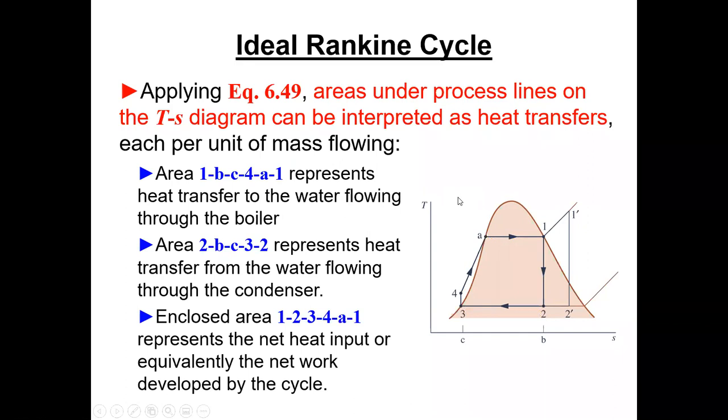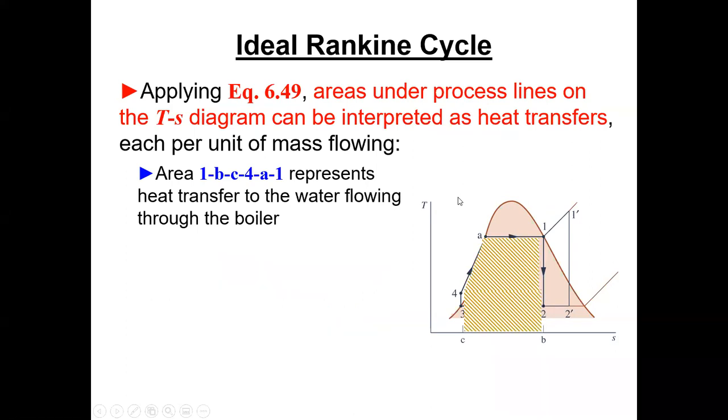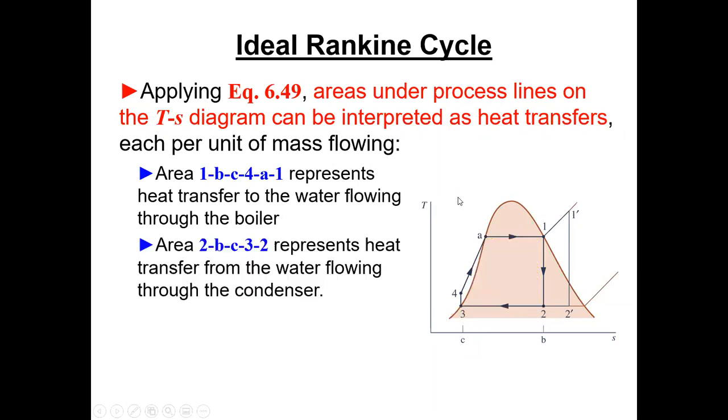The area enclosed by the cycle, 1-2-3-4-a-1, represents the net heat input, which we know for the cycle is equal to the net work developed by the cycle. And so that's the area enclosed by the cycle. So those are the area representations of heat transfer, again, for an ideal Rankine cycle. For a real cycle, that's not correct.